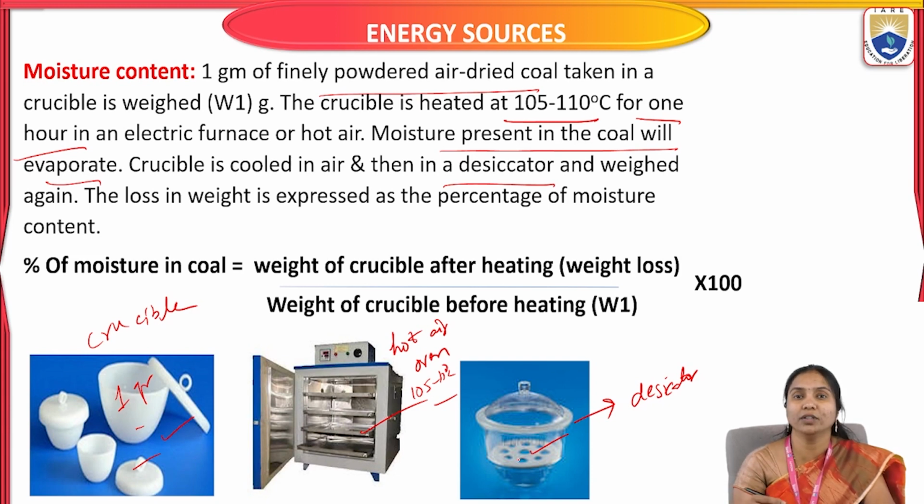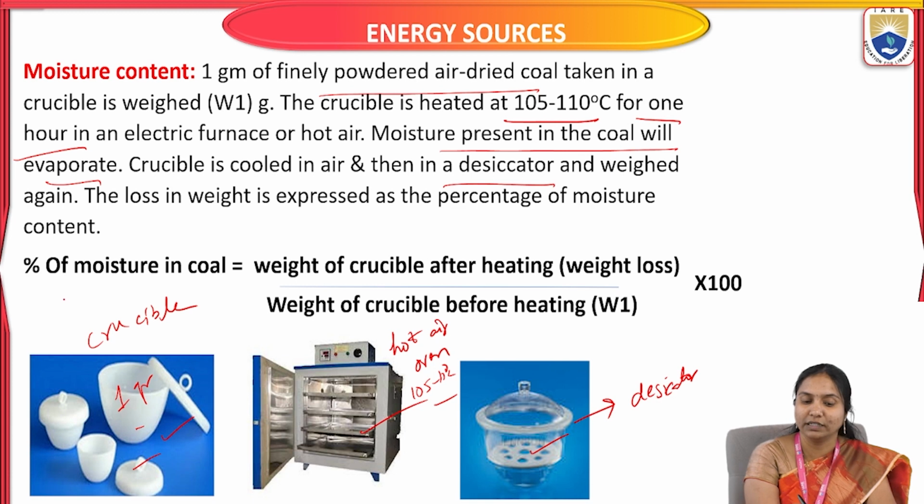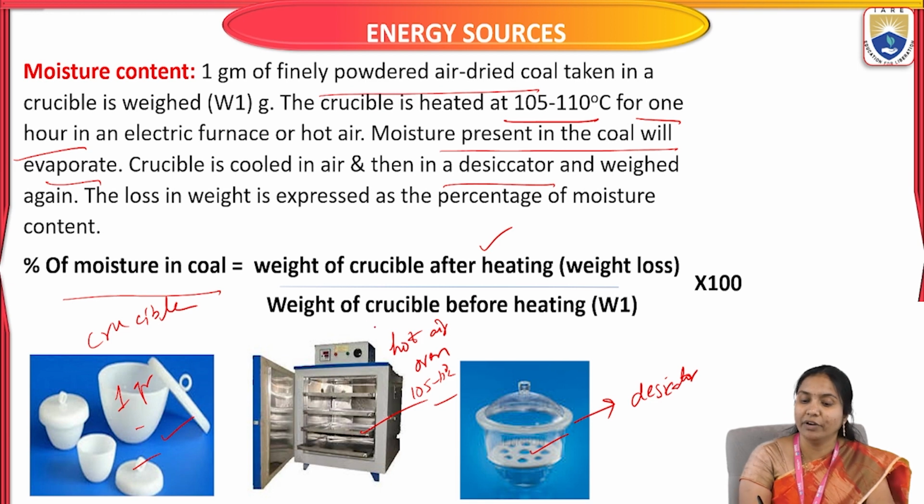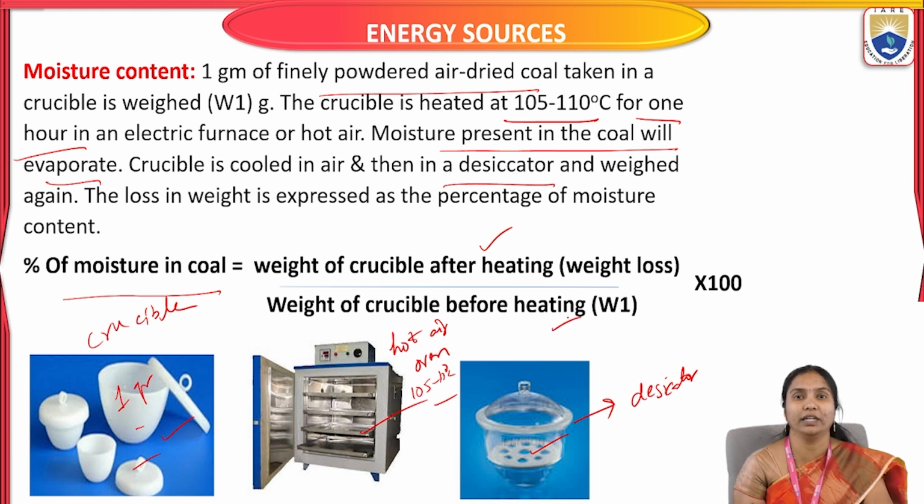So what is the formula we are using here? The percentage of moisture in coal is equal to the loss in weight, that is the weight of the crucible before heating minus the weight after heating, divided by the weight of the crucible before heating, into 100. For example, we take 1 gram of fine air dried powdered coal sample in the crucible; that is the weight before heating.